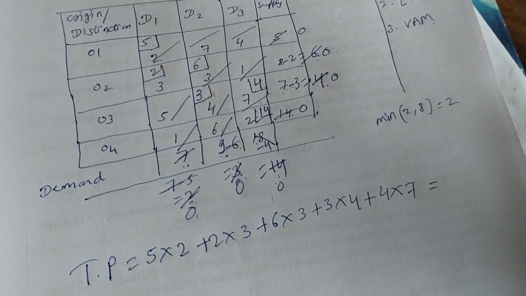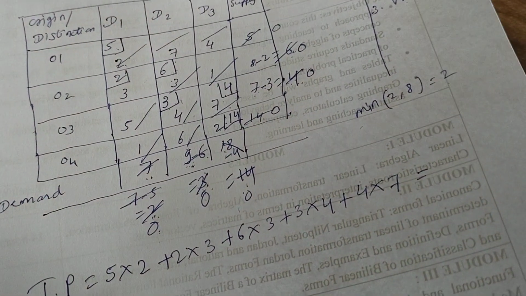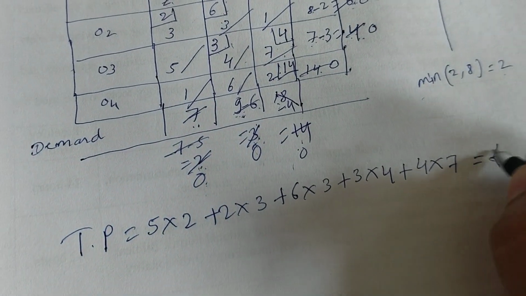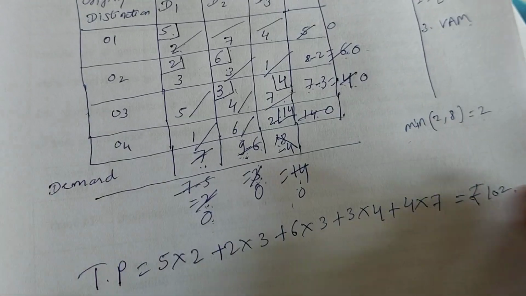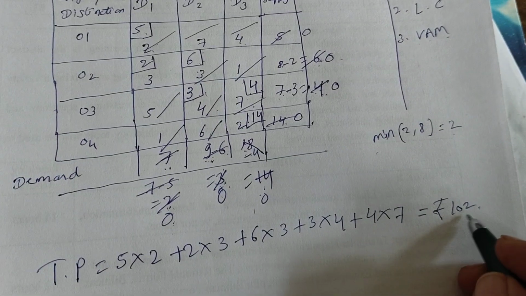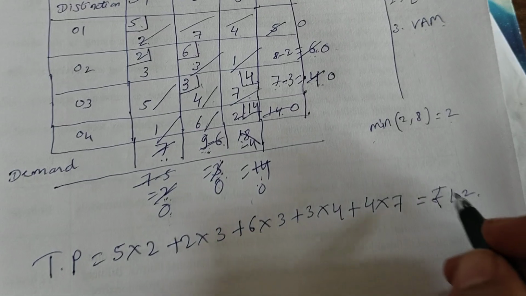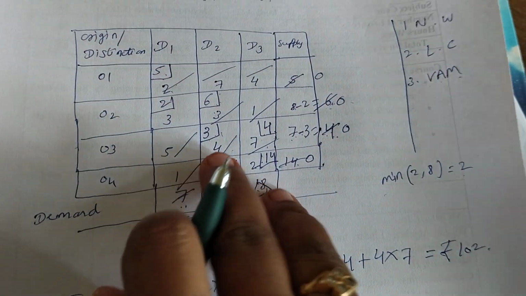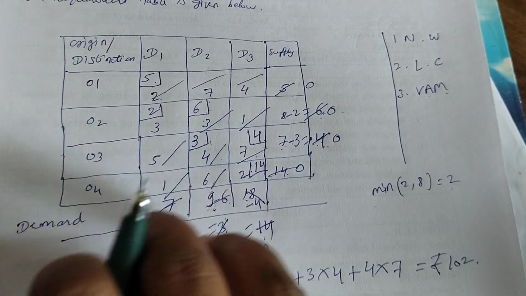Like this we calculate the total transportation cost, which comes to 102 rupees. This is the amount we can spend to travel to all the destinations. This is all about the northwest corner rule.